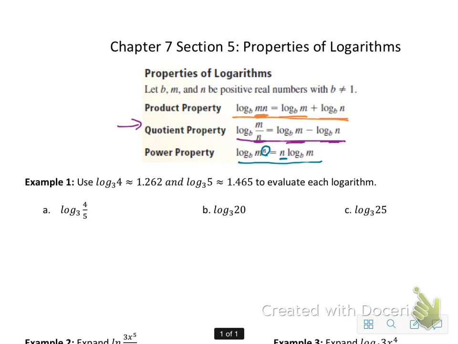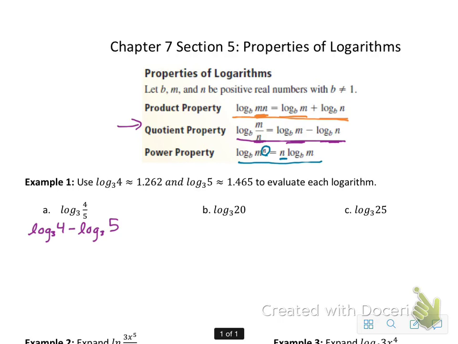It says that if you have division, it can become subtraction. So I'm going to change the log base 3 of 4 over 5 to log base 3 of 4 minus log base 3 of 5. Notice the log was still with both. It had to go to both. We just have subtraction in the middle.